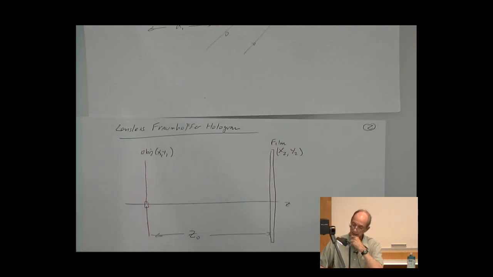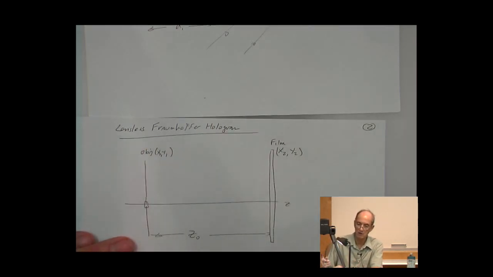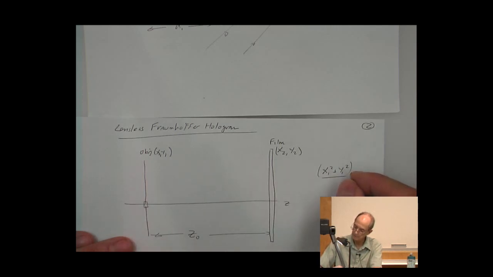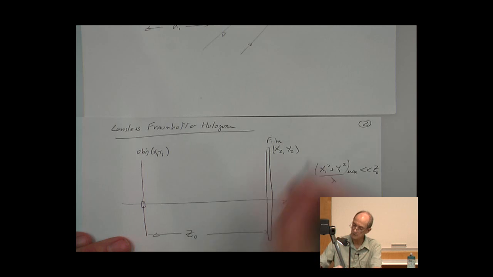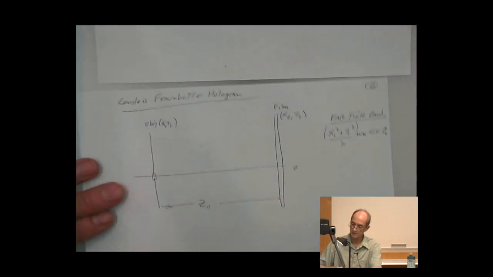All right, so now as you recall, for being in the far field or Fraunhofer region, we need x1 squared plus y1 squared, the maximum value for the extent here in the object plane, over the wavelength to be much less than this distance z0 that we're propagating to. All right, so this is the far field condition for the diffraction being categorized into that domain.